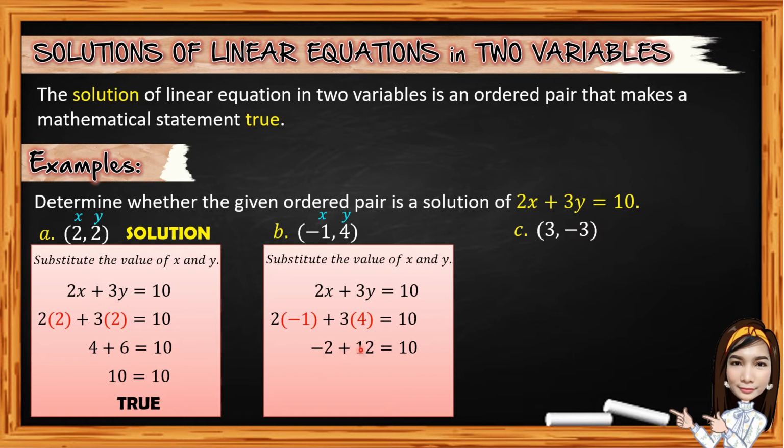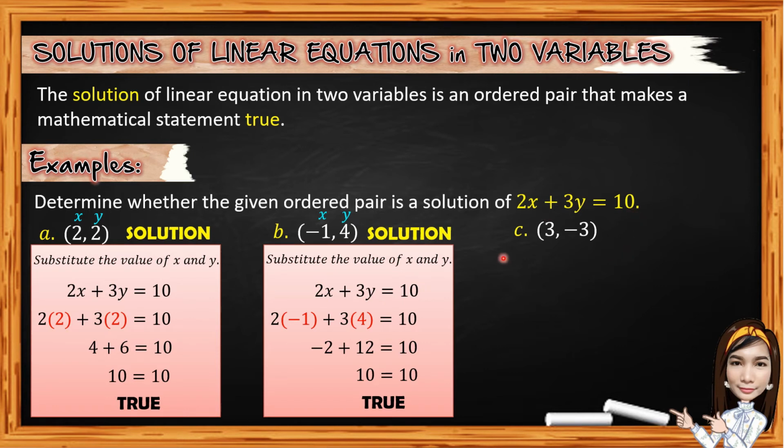Then if you're going to add unlike or different signs, we are going to subtract, then follow the sign of the larger number, which is +12. So 12 minus 2 is +10 equals 10. And that is a true statement. Therefore, (-1, 4) is a solution of the given equation 2x plus 3y equals 10.